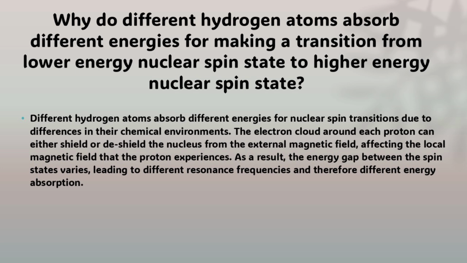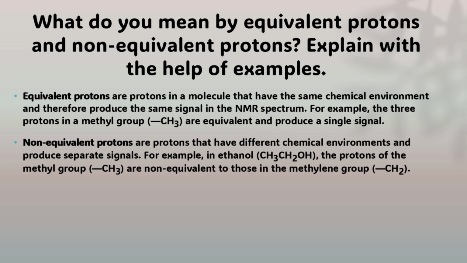The electron cloud around each proton can either shield or deshield the nucleus from the external magnetic field, affecting the local magnetic field that the proton experiences. As a result, the energy gap between the spin states varies, leading to different resonance frequencies and therefore different energy absorption.